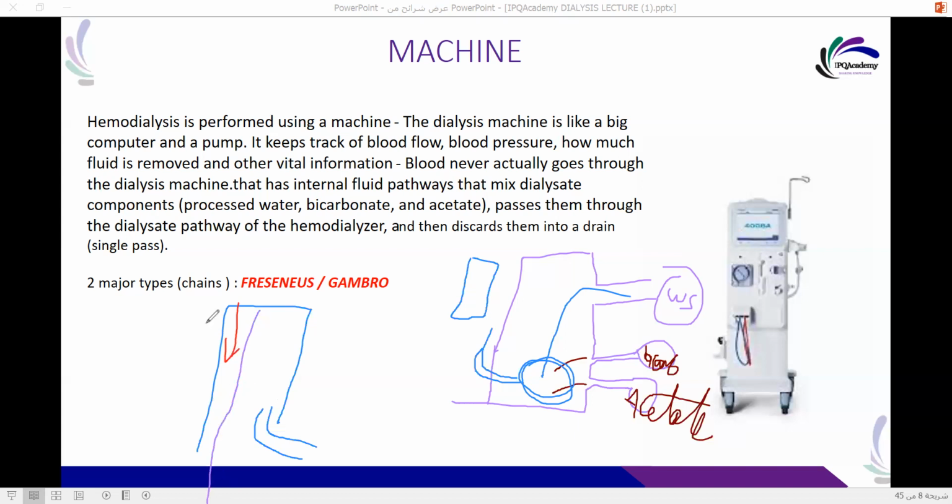So there is no blood mixing between the dialysate and the blood, only diffusion. The waste goes from the blood side to the dialysate side, and the needed materials from the dialysate side to the blood. Here I have two major types of this machine, called Fresenius and Gambro.